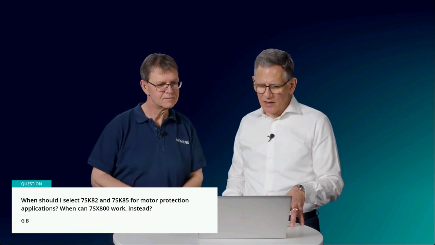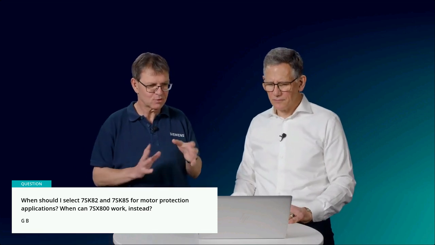So let's look at the first question, Klaus. When should I select 7SK82 and 7SK85 for motor protection applications, and when can the 7SX800 work, and why? The 7SX800 is the smallest motor protection device as regards the binary inputs and outputs. If you compare all the functions for motor protection, they are quite similar, with one or two exceptions.